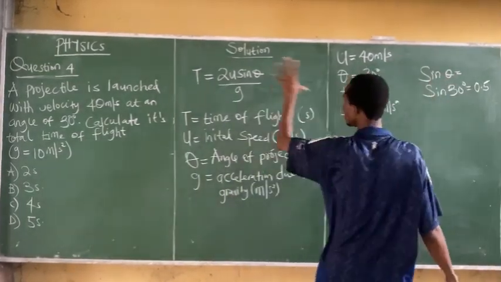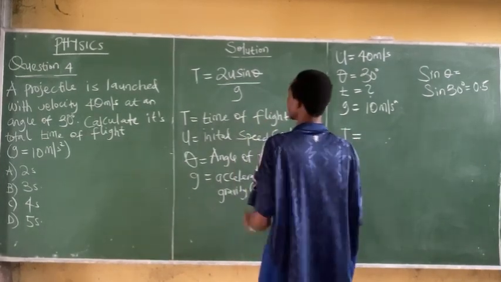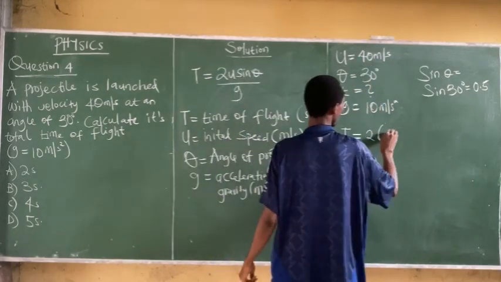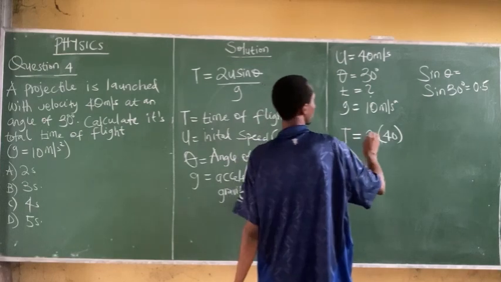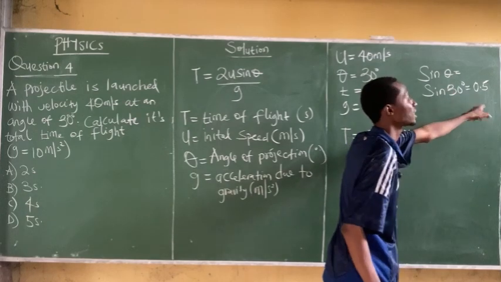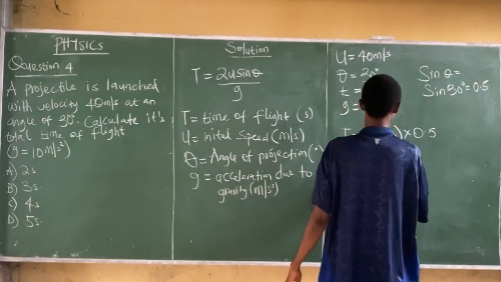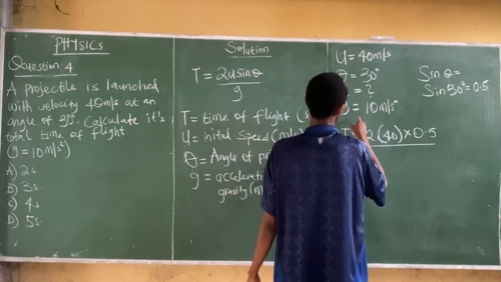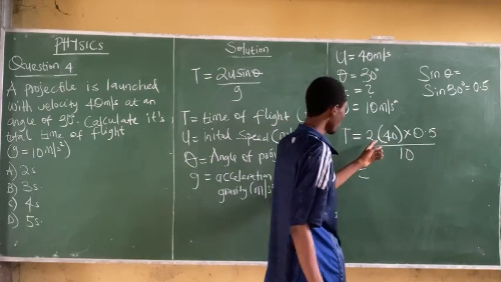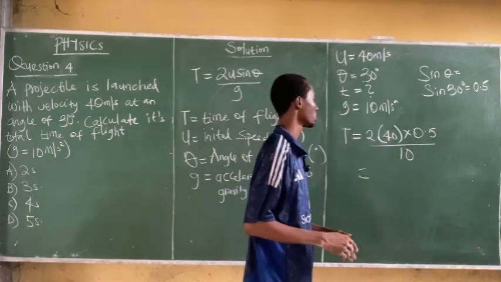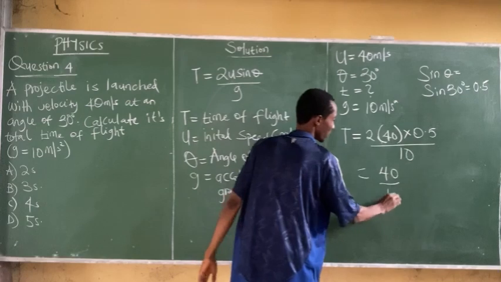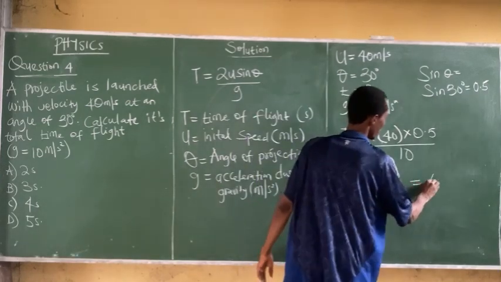If we substitute all these into this equation, we have T is equal to 2 times u, our u is 40 meters per second, times sine 30 degrees, which is 0.5, divided by g, our g is 10 meters per second squared. 2 times 40 gives us 80. 80 times 0.5 gives us 40, divided by 10 gives us 4.